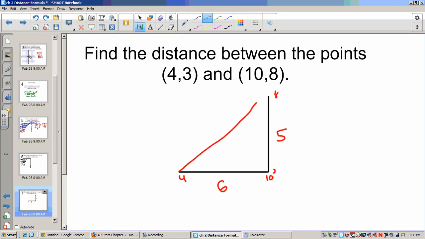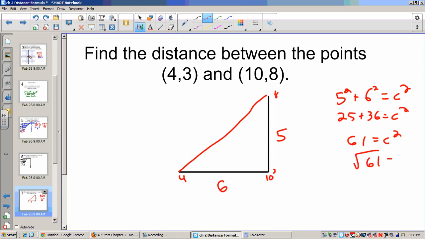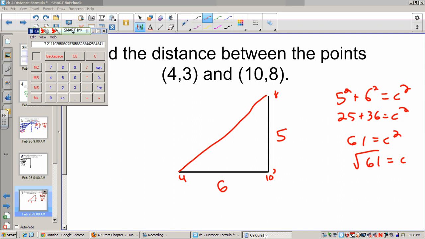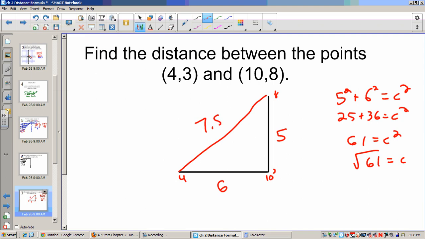So to find the distance over there, we just take 5 squared plus 6 squared is equal to c squared, or 25 plus 36 is 61. So I just have to find the square root of 61. So if I clear this out, square root of 61 is 7.81. So 7.81 is now my distance between those points.